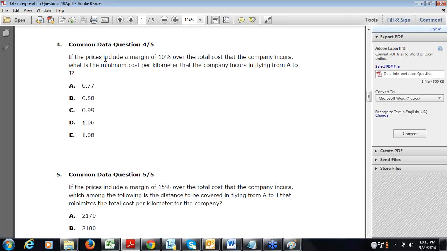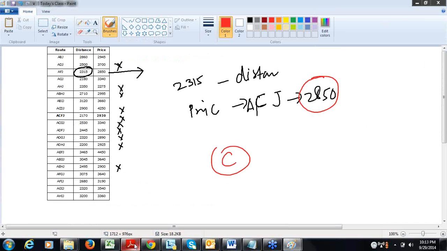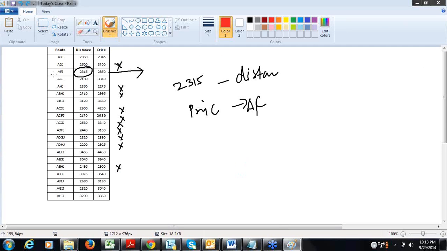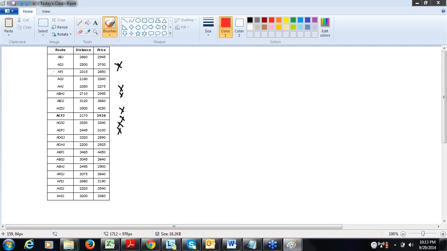Okay. If the prices include a margin of 10% over the total cost that the company incurs, what is the minimum cost per kilometer the company incurs for flying A to J? Okay. So minimum cost per kilometer it is asking.